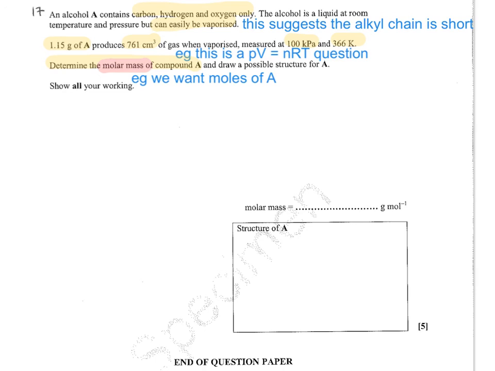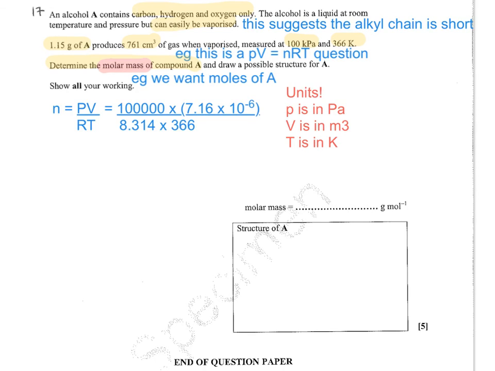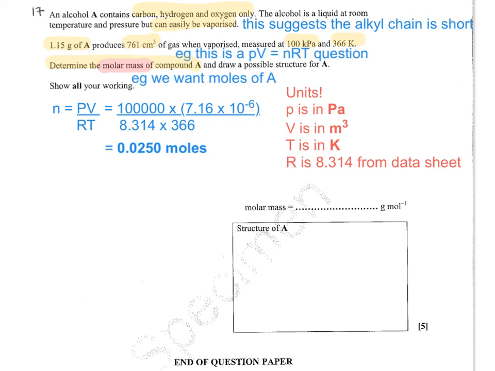So now what we can do is rearrange PV equals nRT so that n is the subject. Making sure we've converted our units from the ones that were given to us, that now gives us 100,000 times 7.16 times 10 to the minus 6 over 8.314 times 366, remembering that R is 8.314, but that can be from the data sheet. So dividing all that through gives us 0.0250 moles.